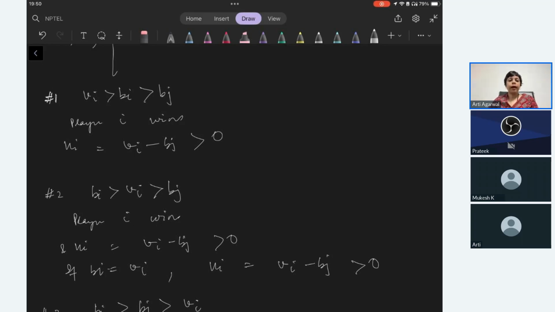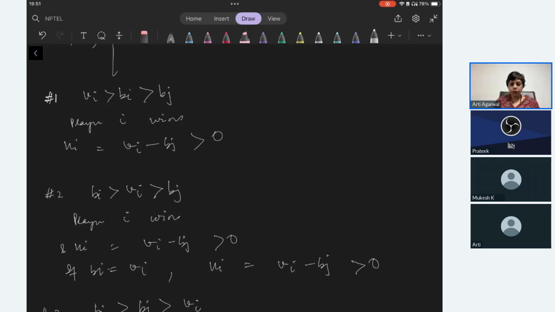So now if vi is greater than bi, it doesn't actually matter, as long as I'm bidding something more than bj and I'm winning, it doesn't make any difference to my equation because my valuation is the same number. Valuation is not changing. Valuation is vi and I'm paying bj. So if bi is anything between vi and bj, I'm still winning, right?